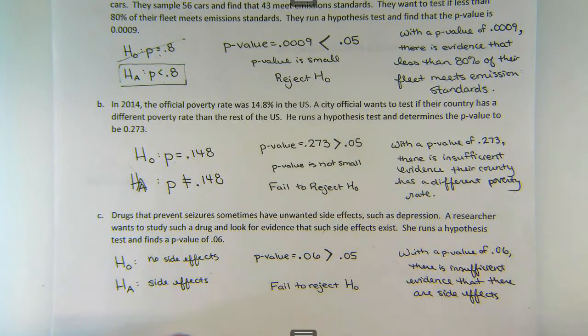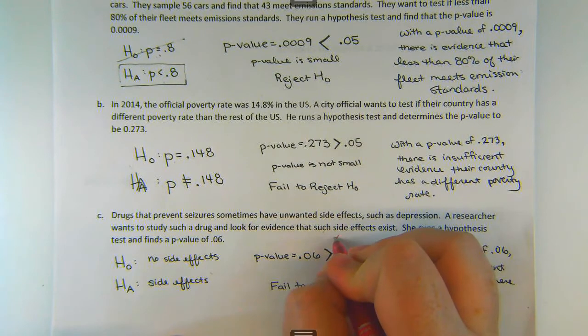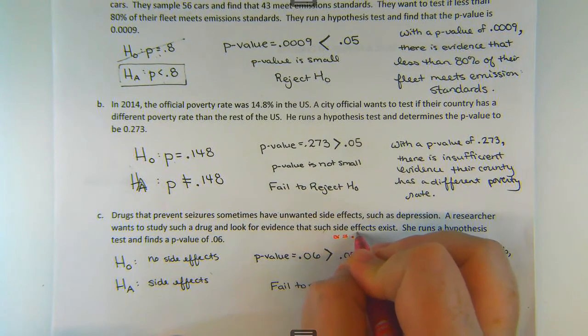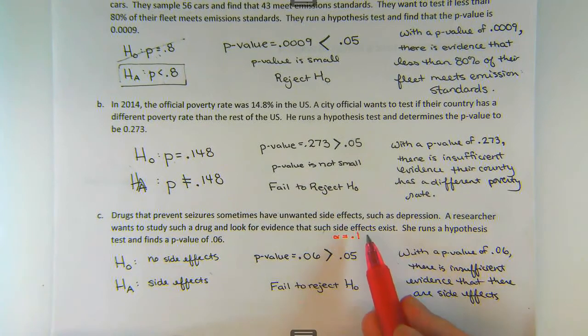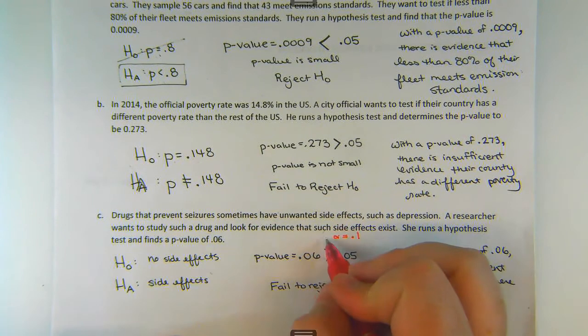Notice with this one, if we had used a different significance level, let's say they had run this with a significance level of 0.1. If we used a significance level of 0.1 and we're comparing 0.06 to 0.1, then we would have had the less than symbol.